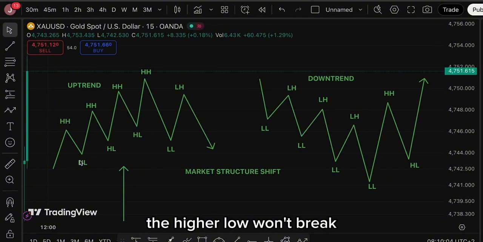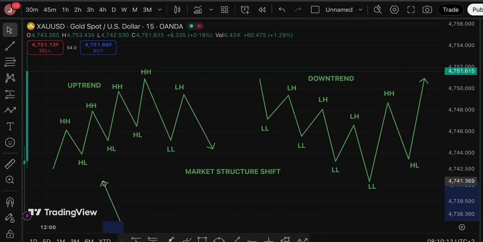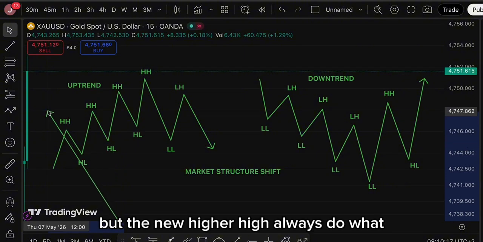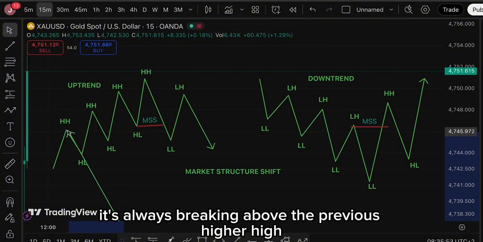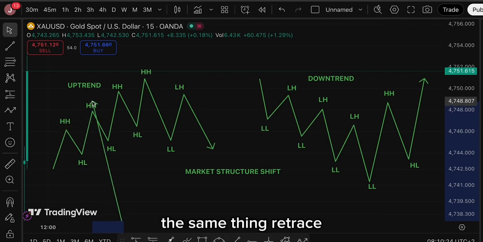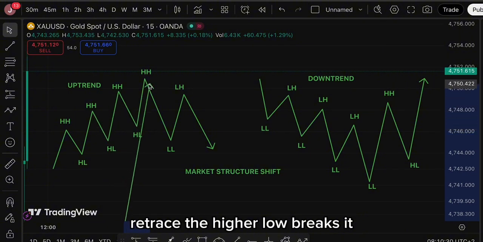The higher low won't break below the previous higher low. It will never go lower. The new one will not go lower either. But the new higher high is always breaking above the previous higher high. The same thing, retrace. Now it will break it, retrace. The higher low holds.